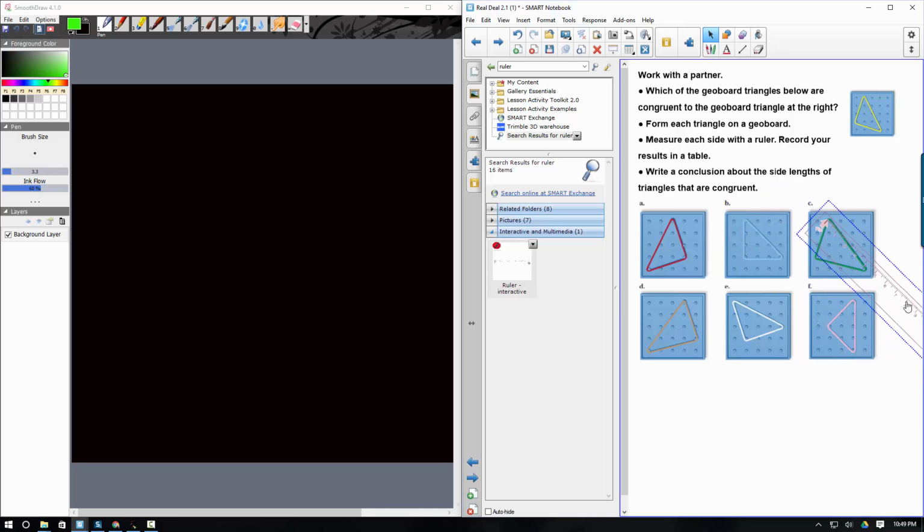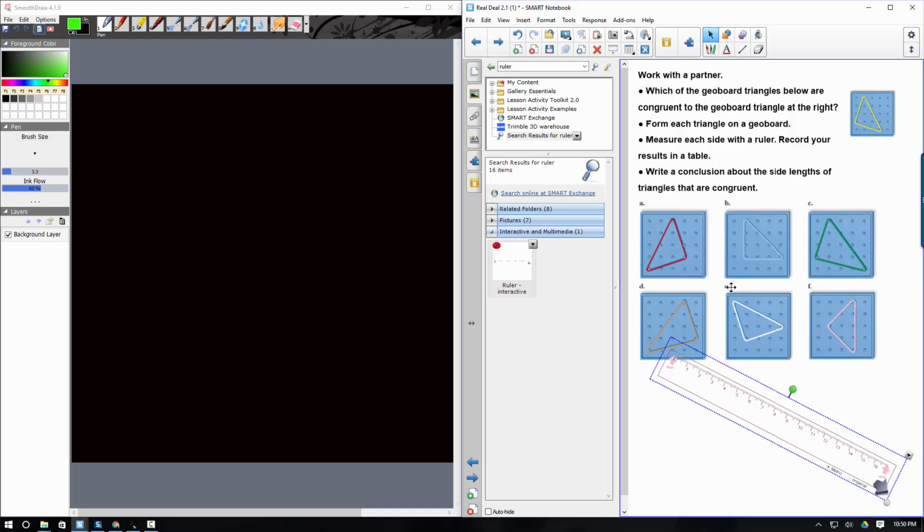This one here is a little bit more than 4, it looks like. This one here is a little bit less than 4. This one here is exactly 4.